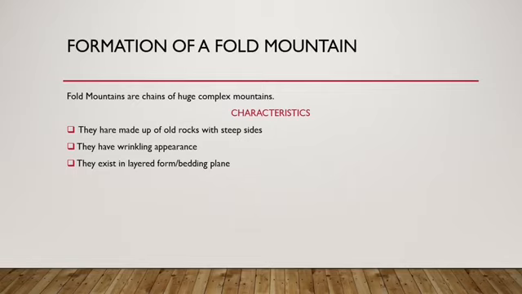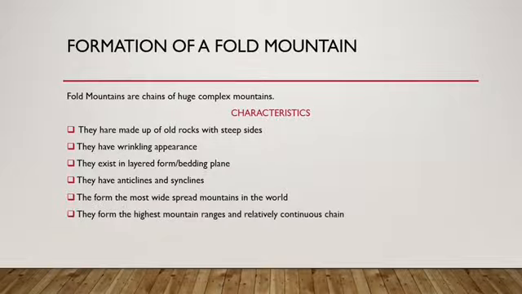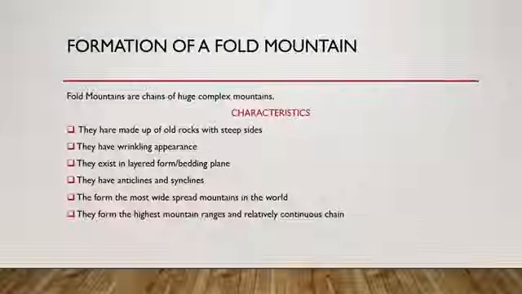Why do they exist in layers? Because they are coming from sedimentary rock, and one characteristic of a sedimentary rock is that they exist in what? Layers, or they are bedding planes. Very good. Then we have anticlines and synclines in them, which we have already established, and they form the most widespread mountain range in the world with the greatest height. The typical example that we cited earlier was what?